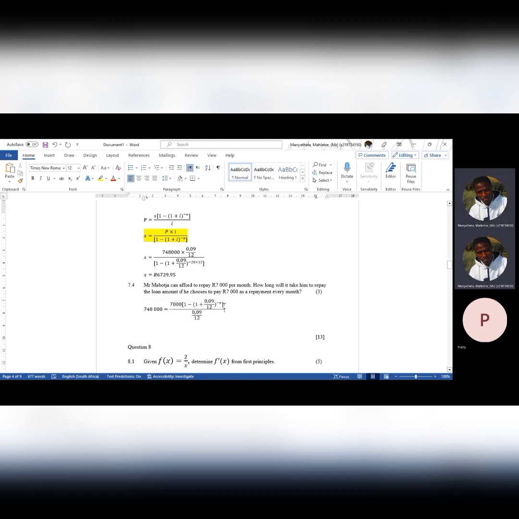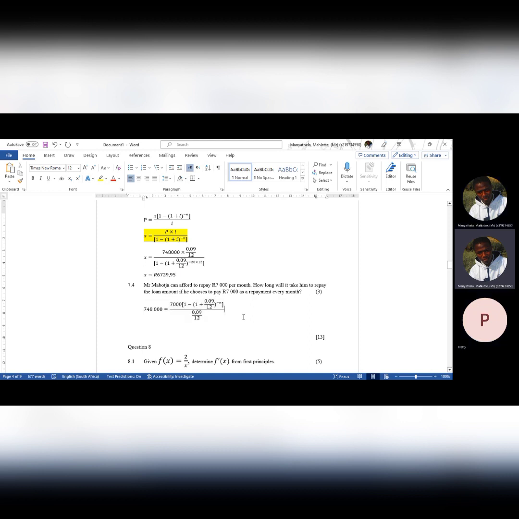So we'll multiply this side by 0.09 over 12 and this side by 0.09 over 12. So 0.09 over 12 will cancel, and then we'll be left with 748,000 equal to 7,000 into 1 minus 1 plus 0.09 over 12 to the exponent negative n.